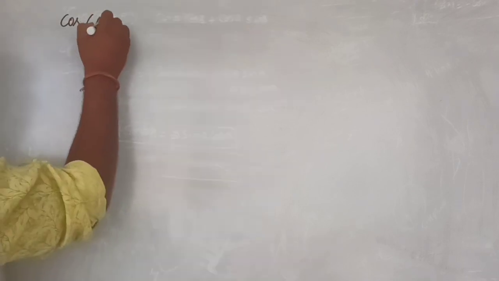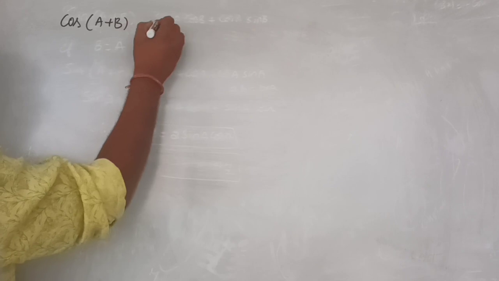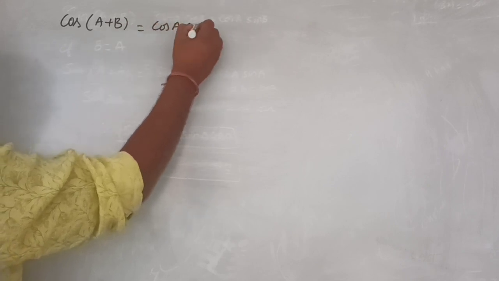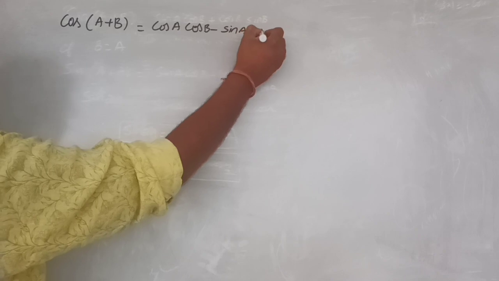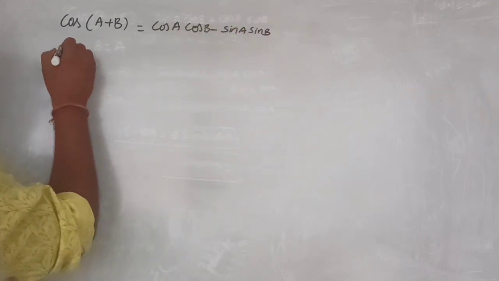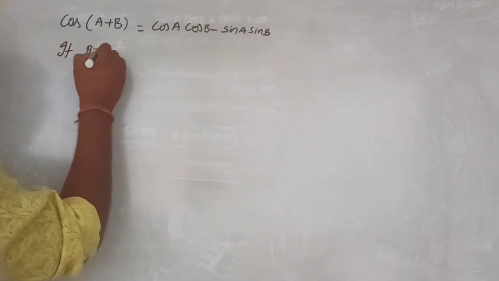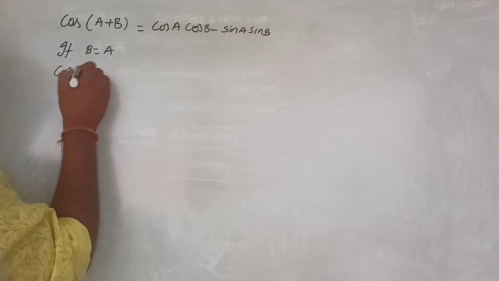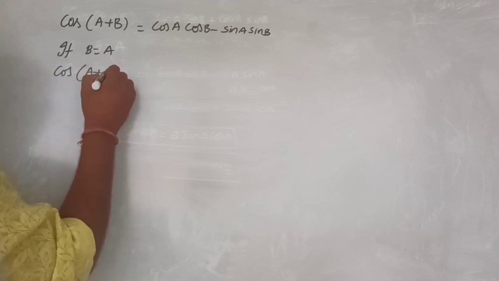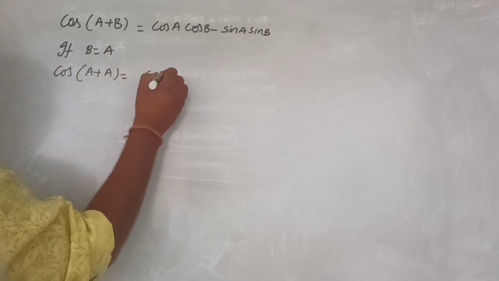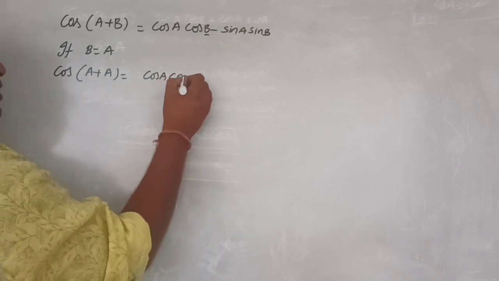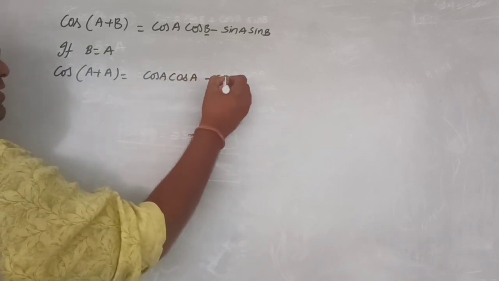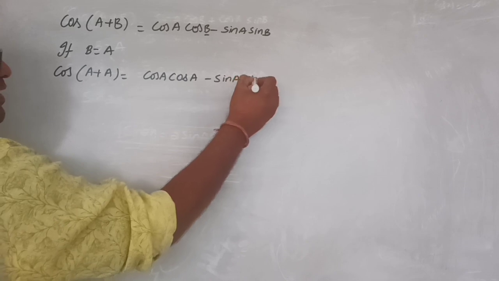The cos of a plus b formula is cos a cos b minus sin a sin b. So if b is equal to a, then cos of a plus a is equal to cos a cos a minus sin a sin a. In place of b we substitute a.